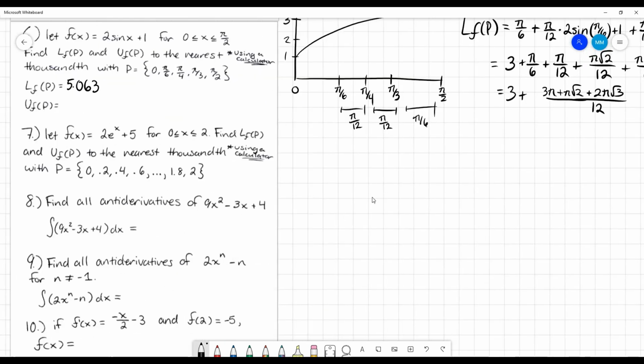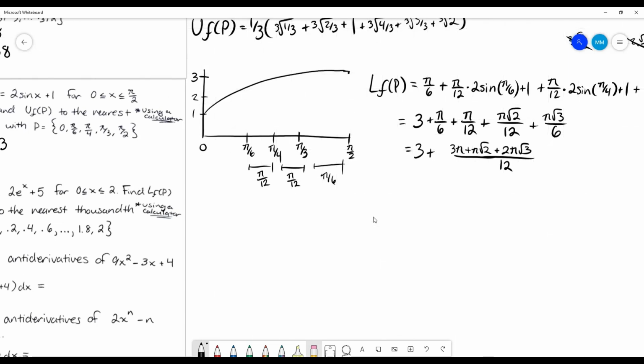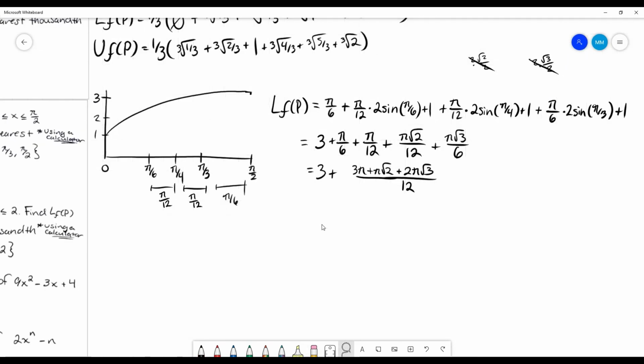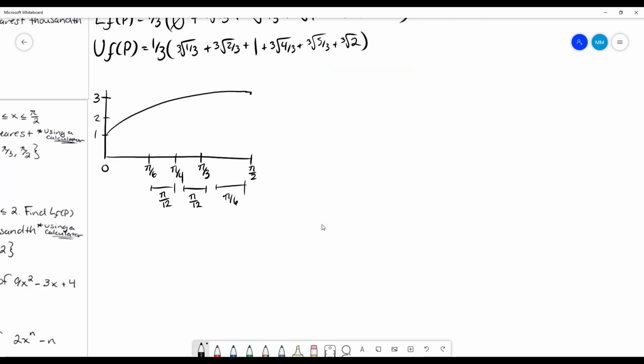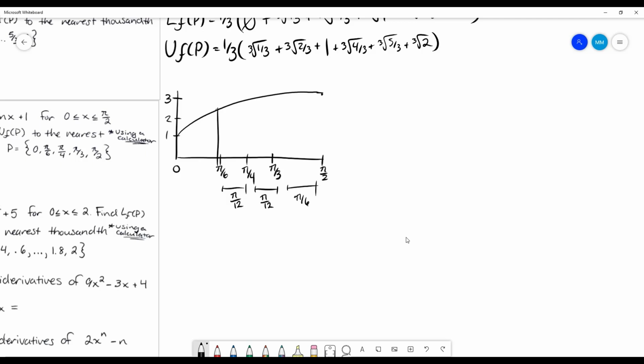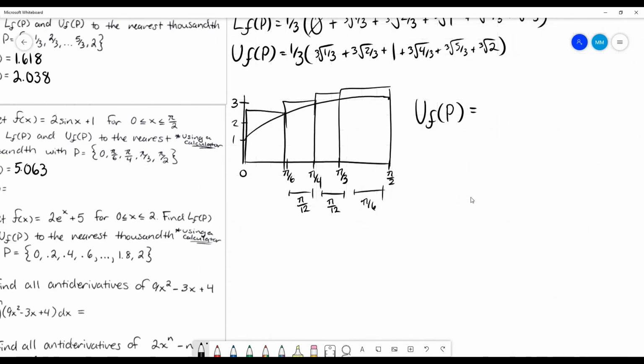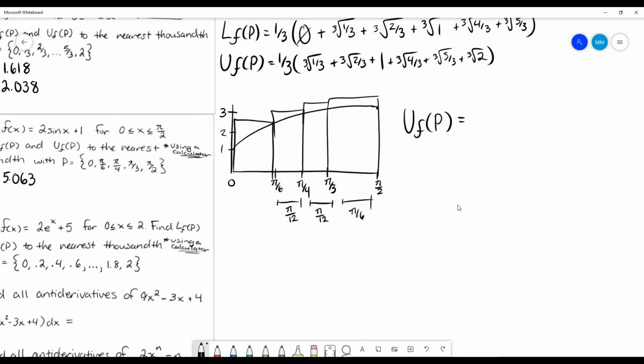Okay, our upper estimate is going to be same deal once again. It's all pretty much the same topic, same practice really, except now we're going to use that right sum because I see that that's going to be an overestimate. So that is going to be, well, again, I know that I'm going to have several plus 1s, so let's see.